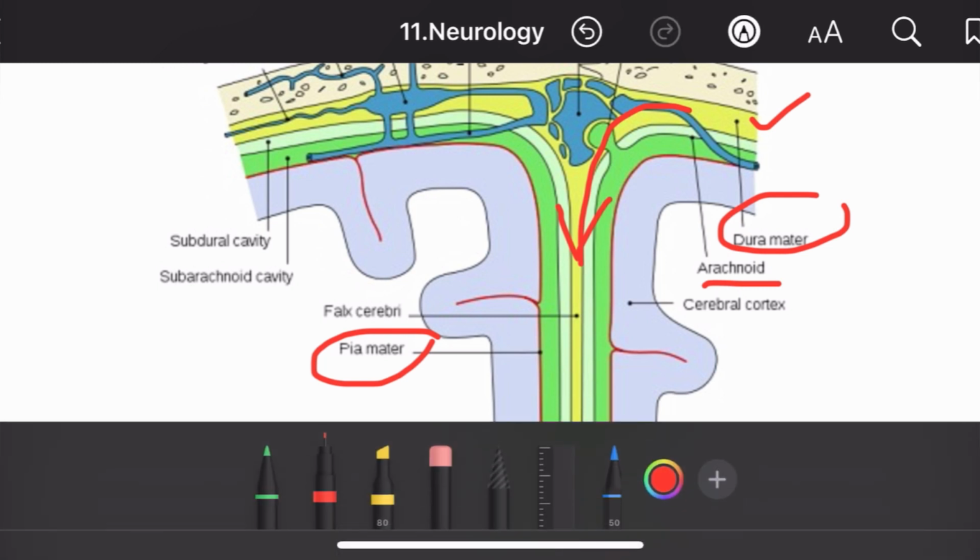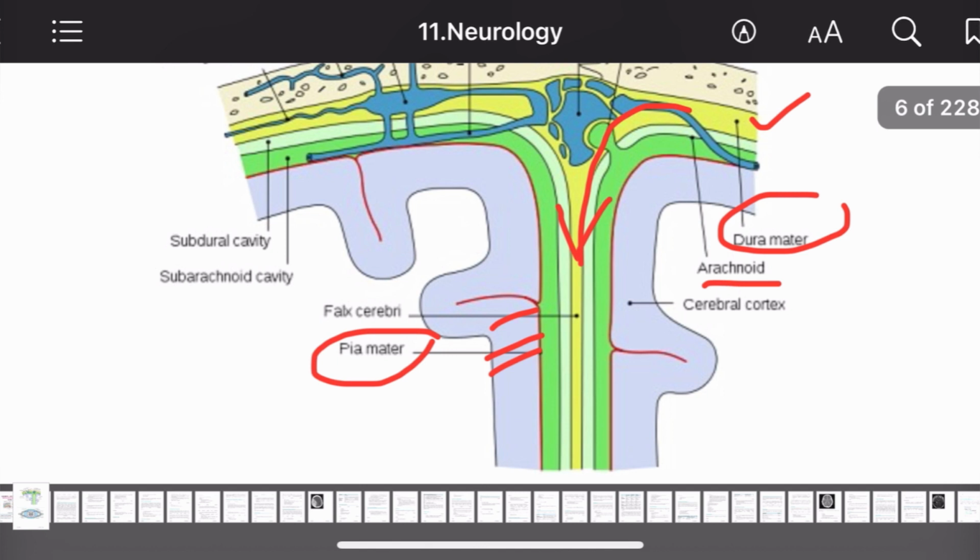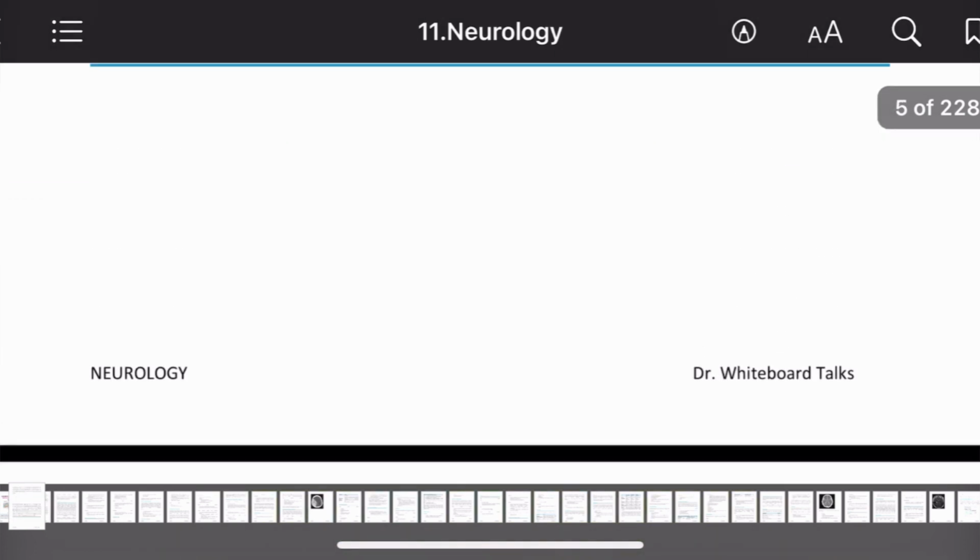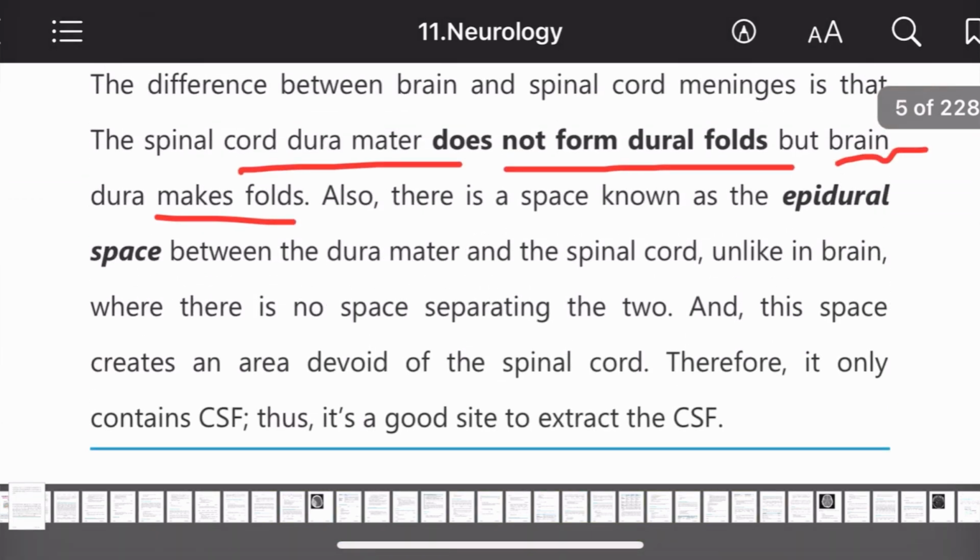And we have the pia mater, which is the intimate layer of the meninges covering the brain. So the difference is that the spinal cord dura mater does not form any dural folds. That means there is no folding of the dura, but the brain dura makes the fold.